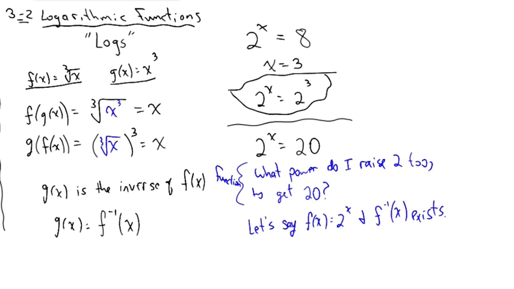It's constantly growing, constantly increasing over time, as x increases. So if f inverse exists, then I can apply it and actually use it. It's kind of like if you have x squared is equal to 9, you can square root both sides of the equation because they're kind of inverses. So what I'm going to do is I'm going to take this equation, I'm going to apply f inverse to both sides.